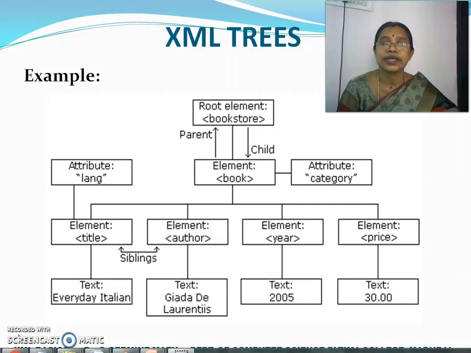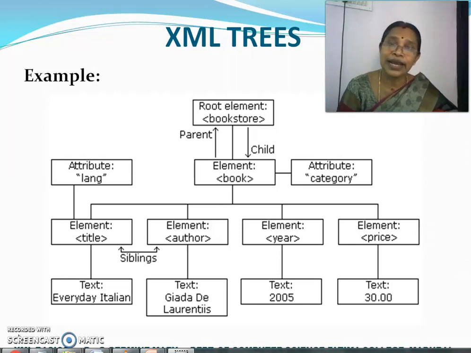All elements can have text content and attributes just like in HTML. So this flowchart describes the structure of XML trees. You have a root element, bookstore. The XML document is about the bookstore, which contains a list of books. Every book is represented by an element called book. Every book has some characteristics, and every characteristic is represented by sub-elements like title, author, year, price.